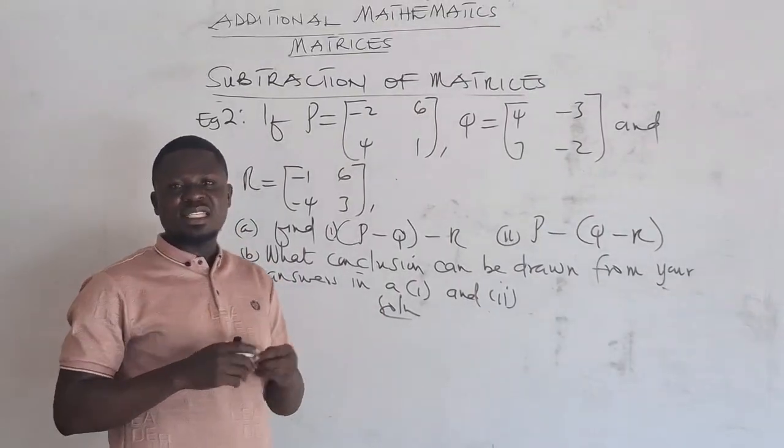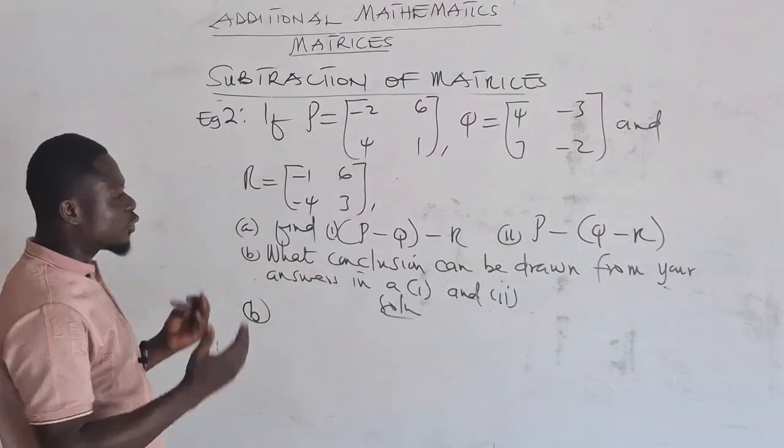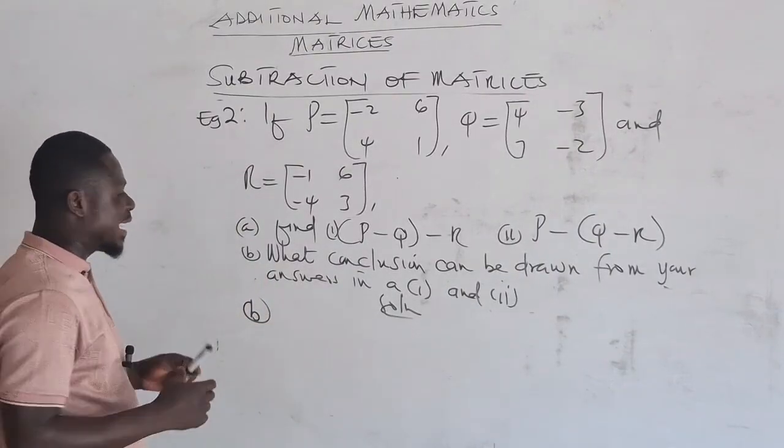In our B, the question says, what conclusion can be drawn from your answers in AI and II?